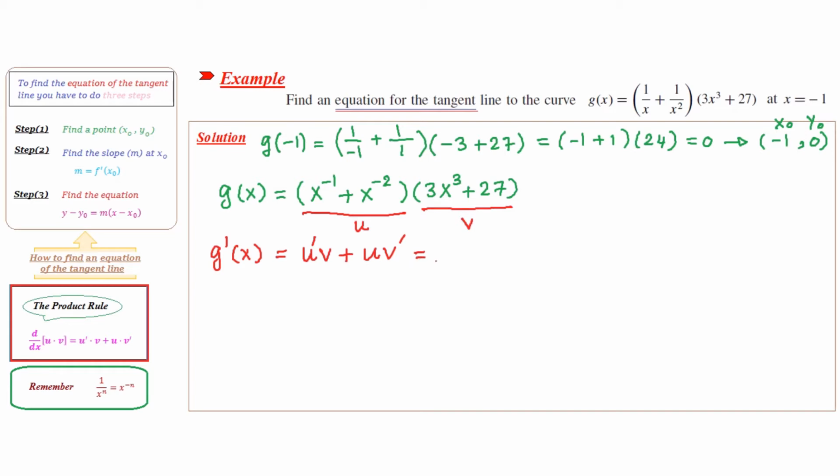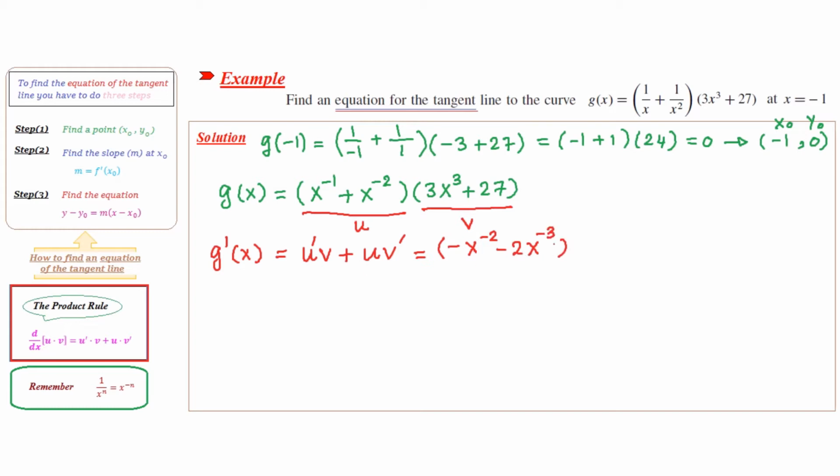This equals u prime. You have to find the first derivative of the first function, which is minus x to the power -2, then the derivative of the second term, x to the power -2, is minus 2x to the power -3.